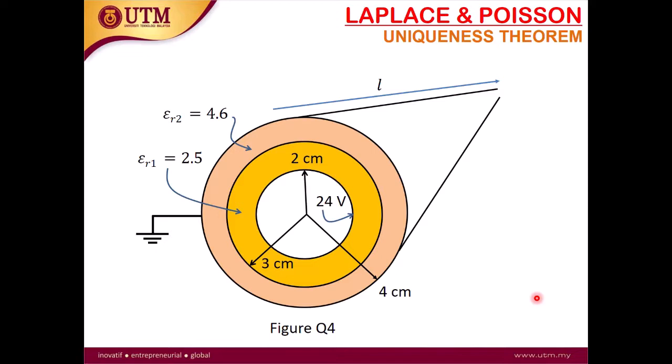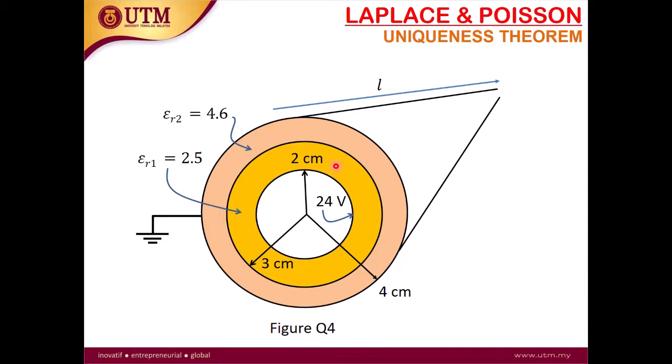So this is the figure. Imagine you have a long coaxial capacitor. We have conductors at R equal to 2 cm and R equal to 4 cm. Between these two conductors, we have dielectric material.